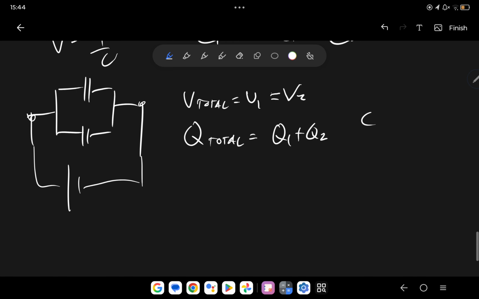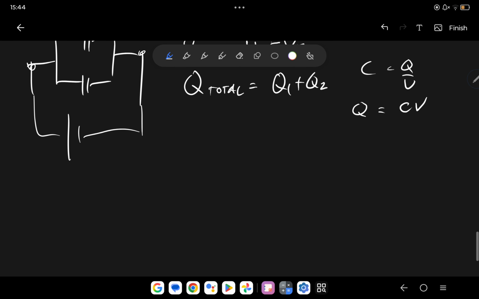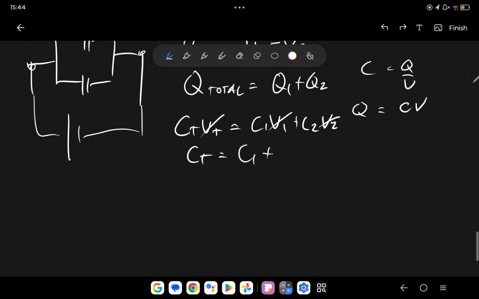And then remember, C_T V_T = C1V1 + C2V2. V is the same across them, so we get C_T = C1 + C2. So in parallel, just add them up.